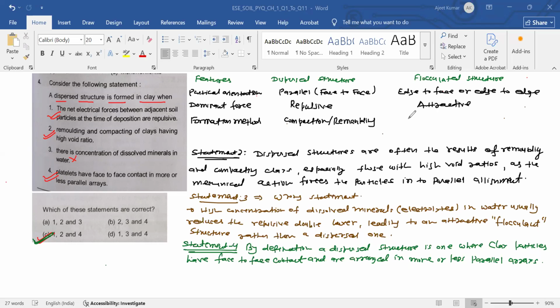So marine deposits have flocculated structure, and soil deposited in lakes has dispersed structure.